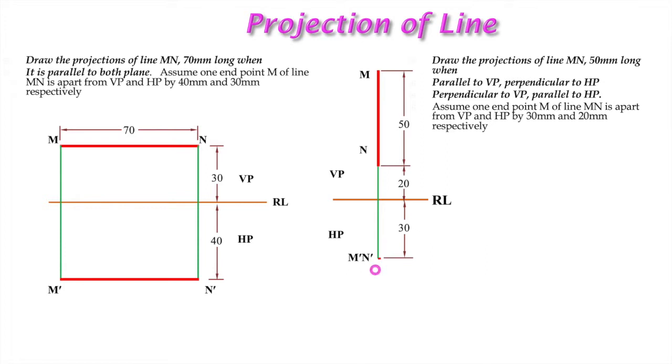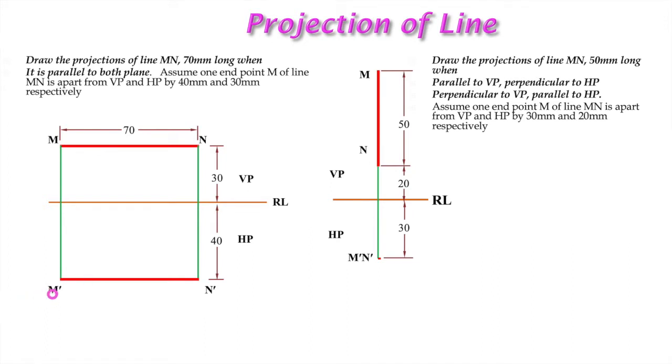One thing I want to mention: when it is the same object but a different view, front view, top view, then don't use a different letter to represent it. Rather use a dash. Say in the front view the name is MN, then in the top view it must not be XY or AB.